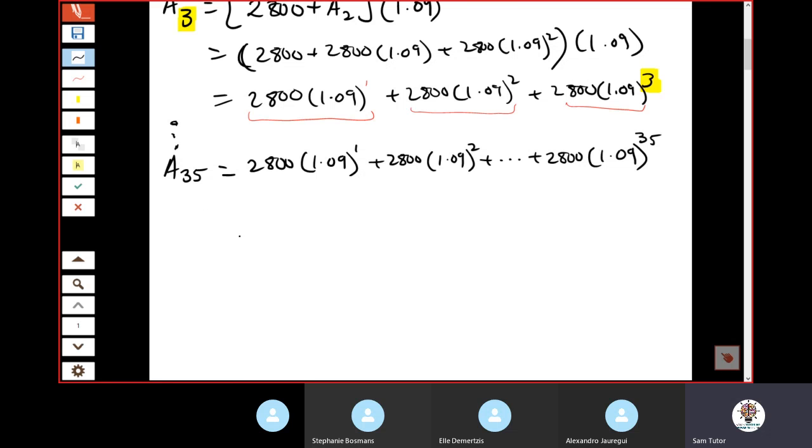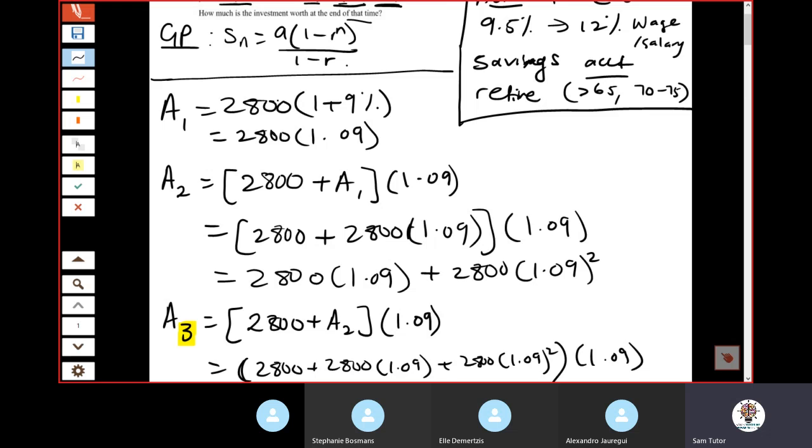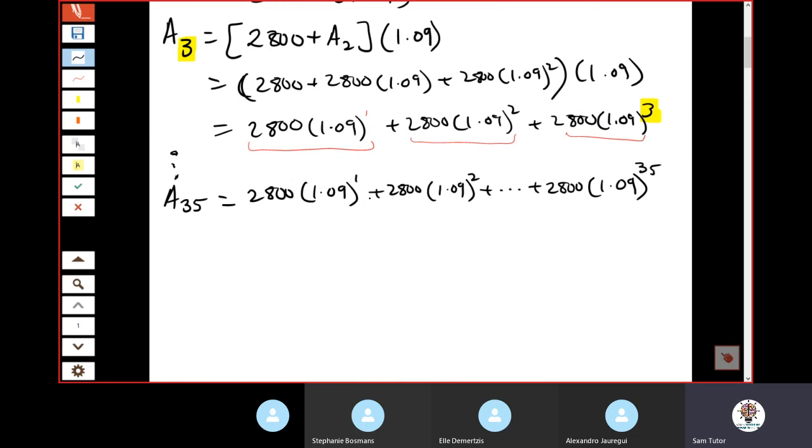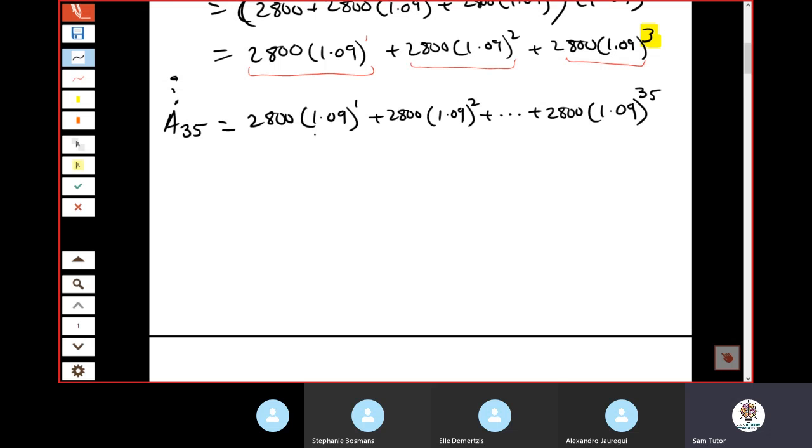Now, there are a few things you could do here. You could just start your sequence. You can obviously see there is a sequence occurring because it's getting multiplied by 1.09. And remember, these are always going to be GPs, so always going to be this formula here for the sum, because you're adding as well. Now, you could do that.